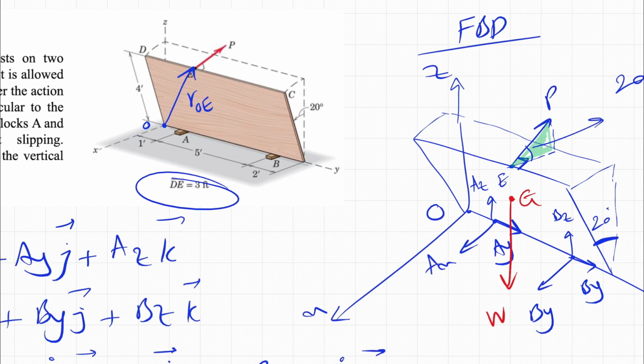This would be our ROE. We'll see that along the x-axis, we are moving in the negative direction, but the question is how much we are moving.